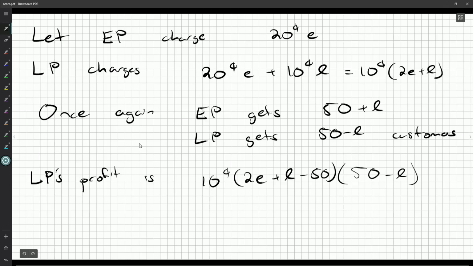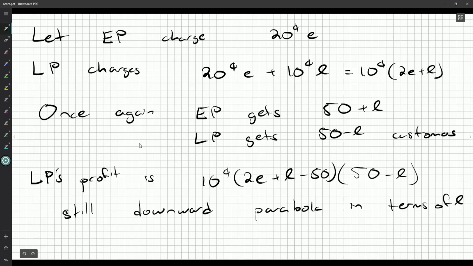Once again, still a downward parabola in terms of L. We sort of treat E here as a constant. We don't know what E is, but whatever it's set, we'll get a parabola. You know, before it was 36 to make 720, but now it doesn't matter. Okay, so it's still a downward facing parabola.